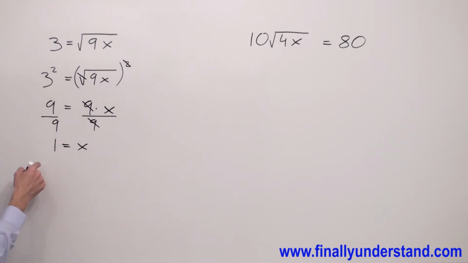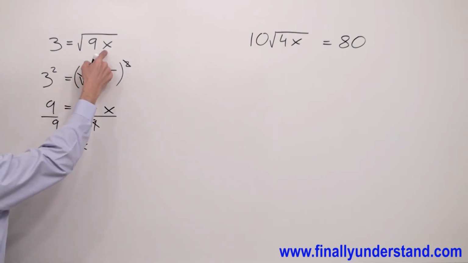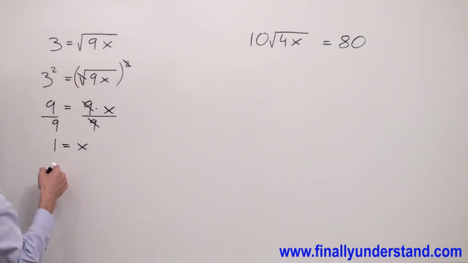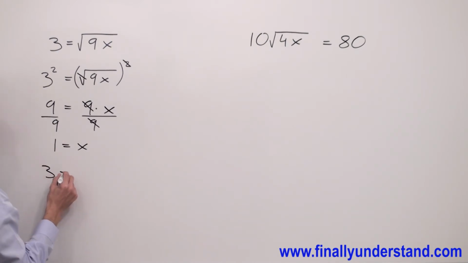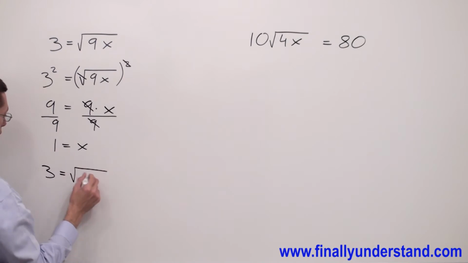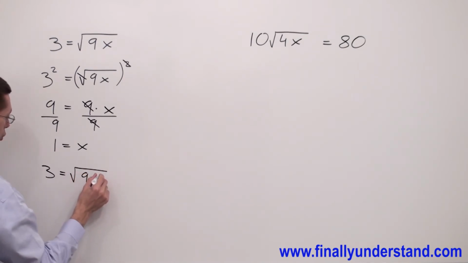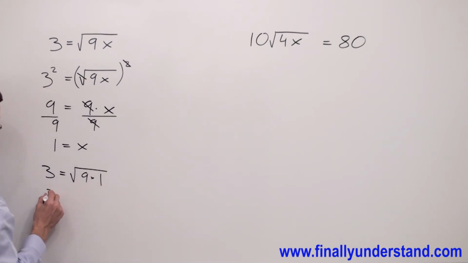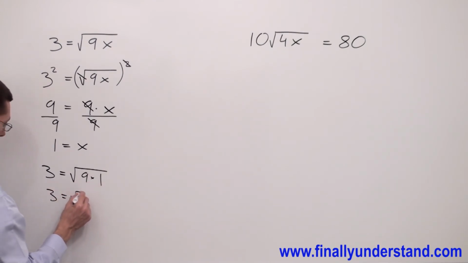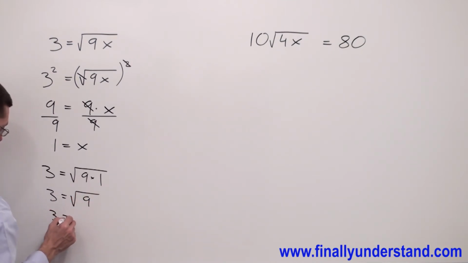Let's check if this is the right solution. Instead of x in my original equation, I'm going to write 1. I have 3 equals square root of 9 times 1. 9 times 1 is equal to 9. 3 equals square root of 9, which is equal to 3.